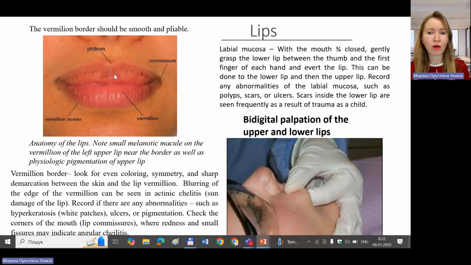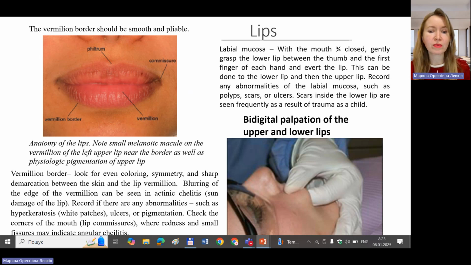Look for even coloring, symmetry, and sharp demarcation between the skin and the lip vermilion. Blurring of the edge of the vermilion can be seen in actinic cheilitis, some damage of the lip. Record if there are any abnormalities such as hyperkeratosis, white patches, ulcers, or pigmentation.